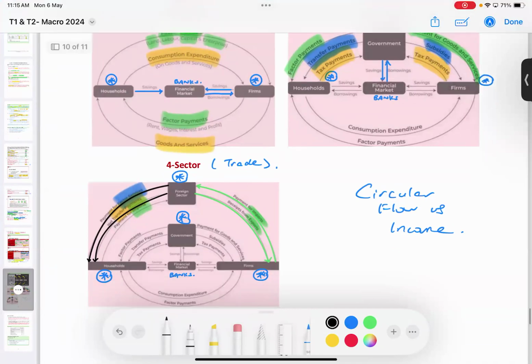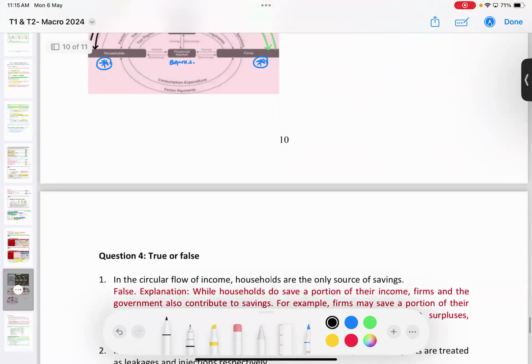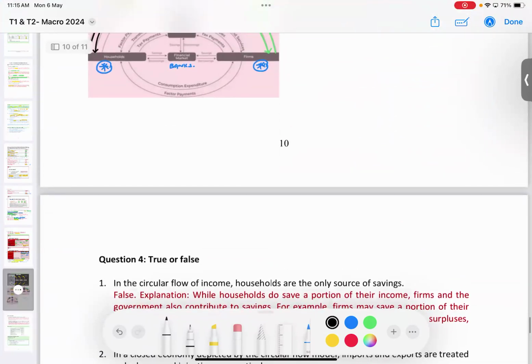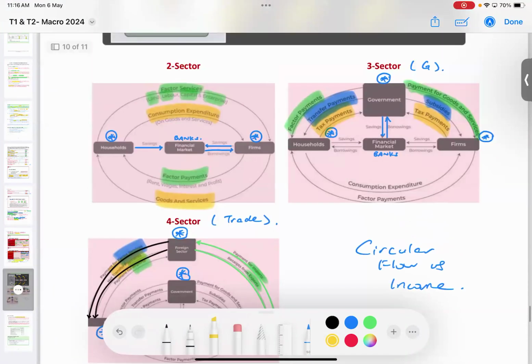Now, first question here: in the circular flow of income, households are the only source of saving. Is it true? No. Households are not the only source of saving, because you can see here, firms can save in banks as well.